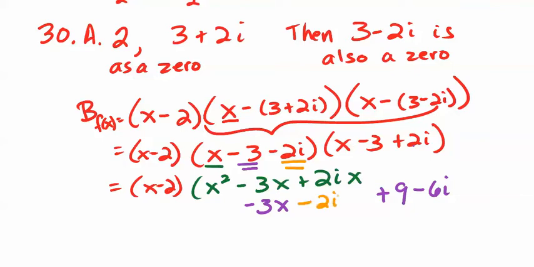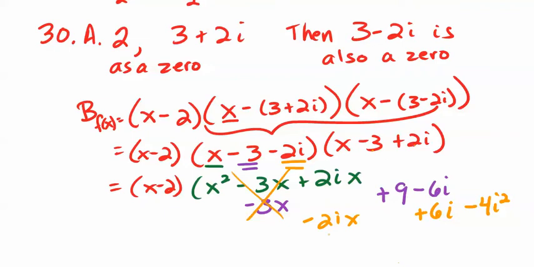And notice what's happening here is, oops, I should go down a line. Works nicely every time that some of these terms will cancel, and then negative 2i times negative 3 will give us a plus 6i, and negative 2i times positive 2i is negative 4i squared.